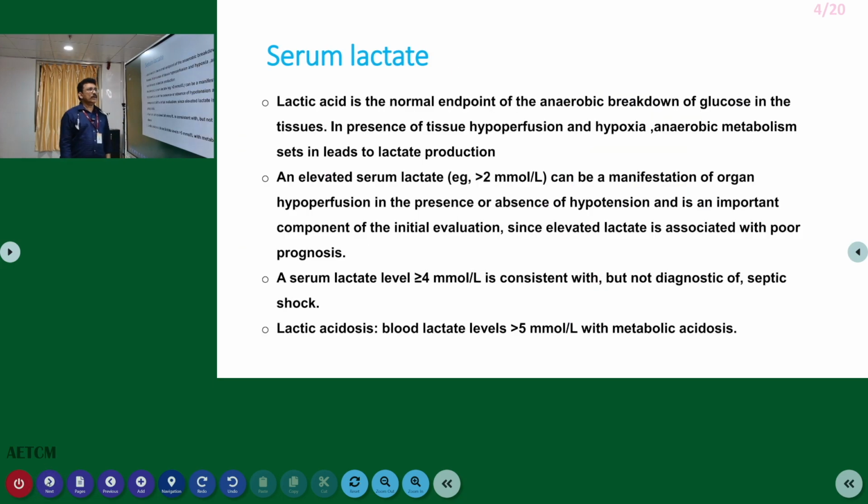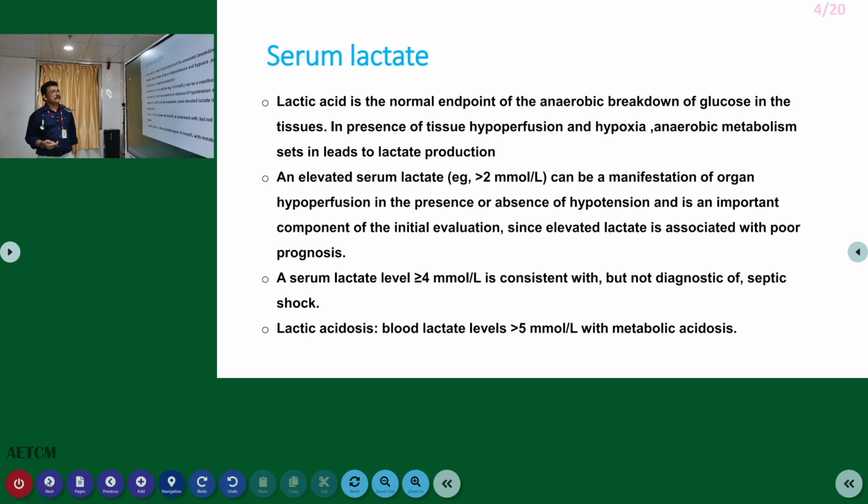One of the important parameters you can see in sepsis is lactate. We have already seen why lactate is elevated in sepsis: because of the hypoperfusion, the body will try to go to a state of anaerobic metabolism to produce ATP. Whenever aerobic metabolism is not taking place normally, the body goes to another state, anaerobic metabolism.